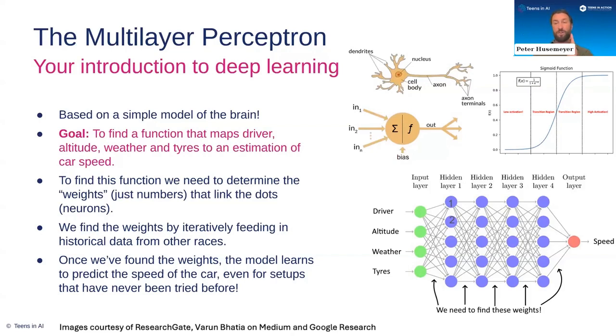So those green dots are where we input the known information. So we're going to input their driver, altitude, weather, and tire selection, say, for example. Then we have the hidden layers, and then finally the output layer. So let's talk about what the hidden layer sees.